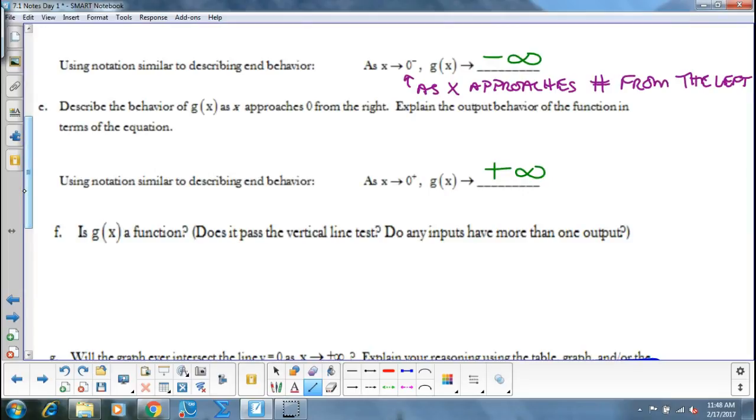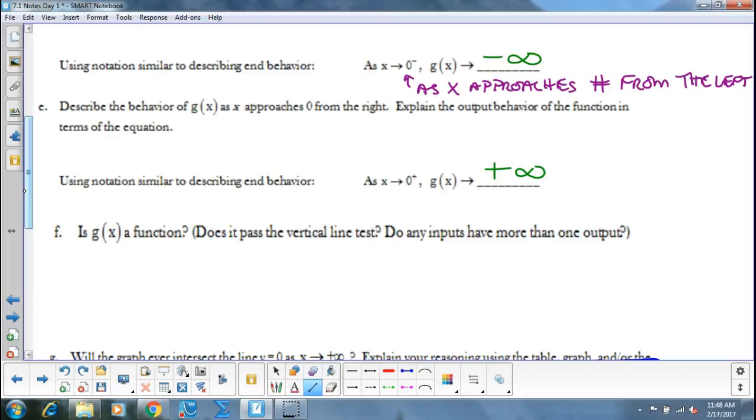So, now the big question, question F. Is g of x a function? What are our two tests? Function, not a function. Vertical line test or the tables, right?